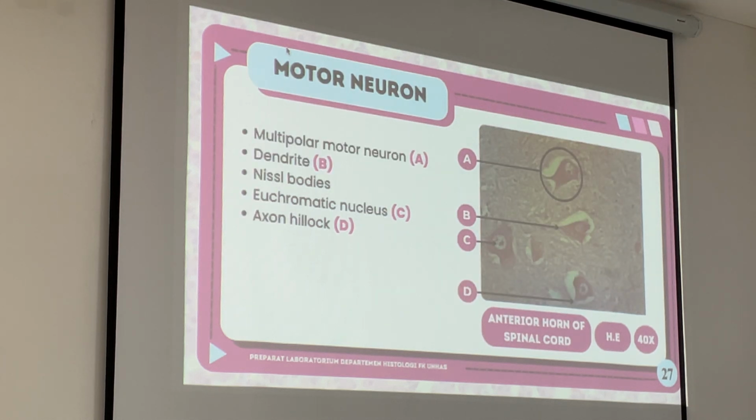At the anterior horn of the medulla spinalis, we can see a motor neuron here. It's a multipolar neuron. You can see there are many dendrites here, 1, 2, 3, and this is the axon. Okay, this is the motor neuron, so it acts as an effector of the medulla spinalis, especially in reflexes.